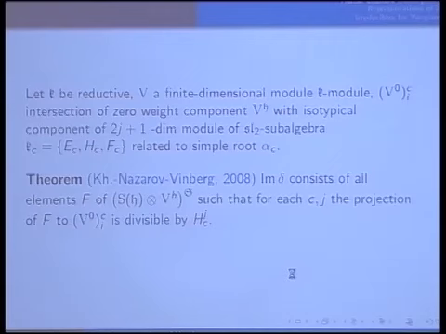It consists of all invariant polynomials with values in the zero-weight subspace of V, with the following condition: for any simple root, the projection of this element to the isotypical component corresponding to representations of even dimension 2j+1 is divisible by the j-th power of h. So you see, as a variety, it is quite a singular variety in this case.